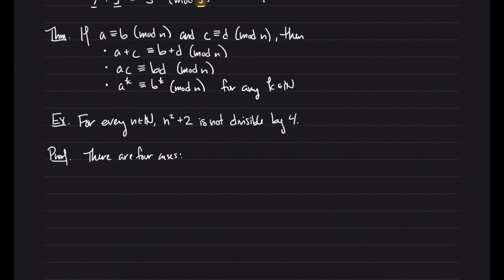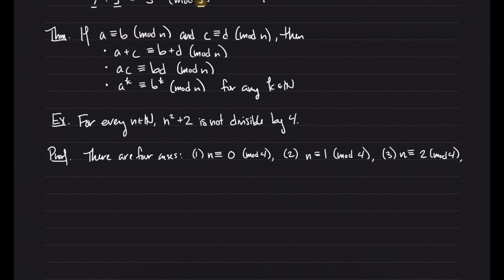So we can either have that n is congruent to 0 mod 4, that n is congruent to 1 mod 4, that n is congruent to 2 mod 4, or that n is congruent to 3 mod 4. Basically we're looking at the remainders that n can have when we divide it by 4. So there are these 4 possible remainders that n could have.